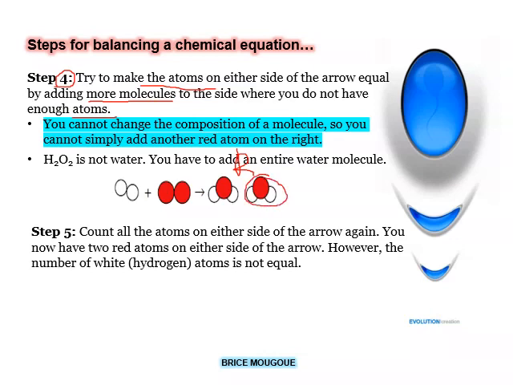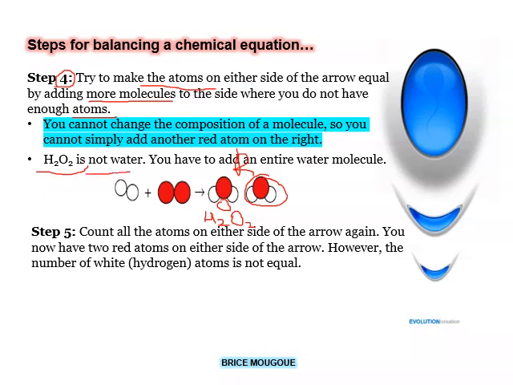We did not just add an extra oxygen atom somewhere here. Otherwise, it would have given us 2 hydrogen atoms and 2 oxygen atoms. This is not water. It gives us hydrogen peroxide.